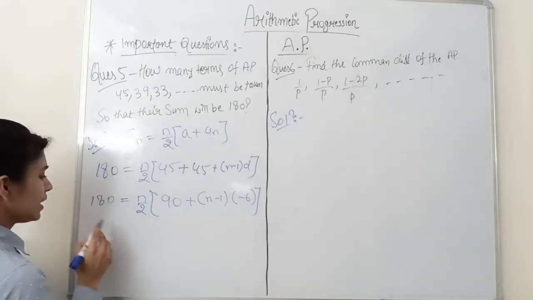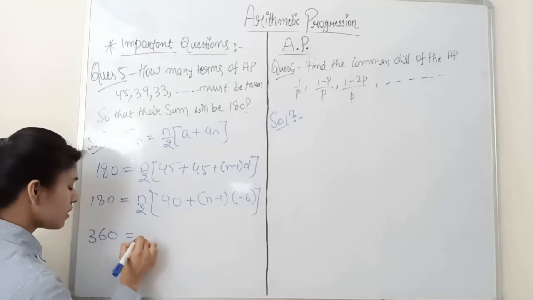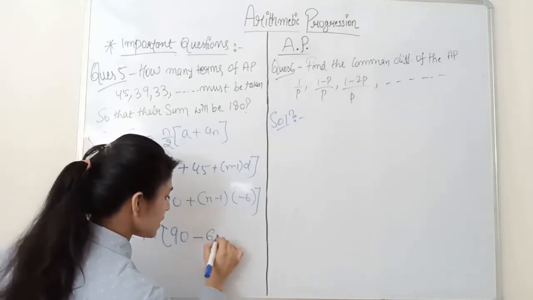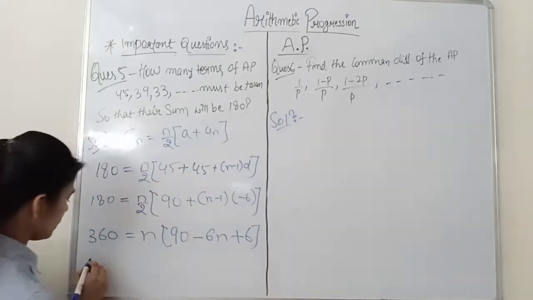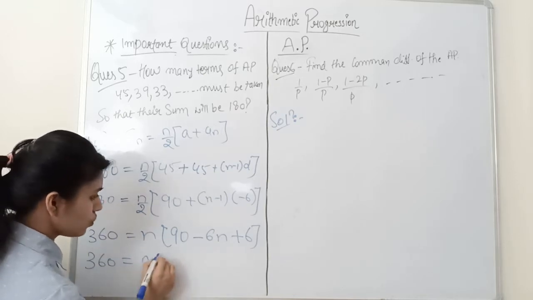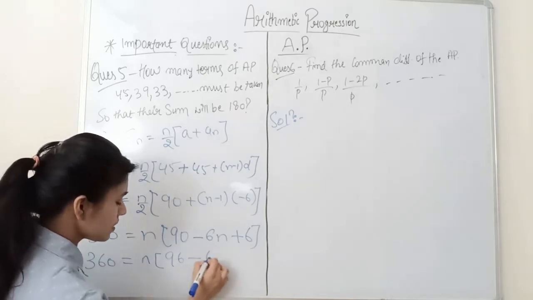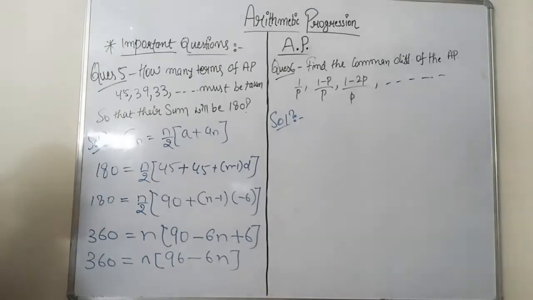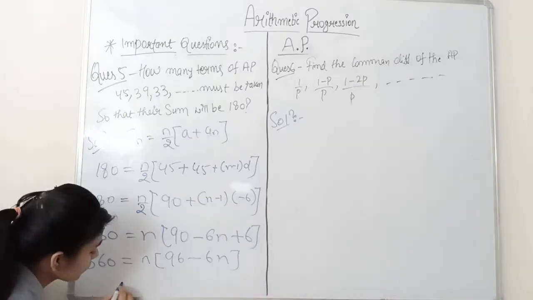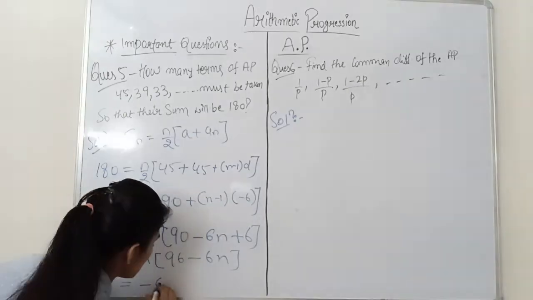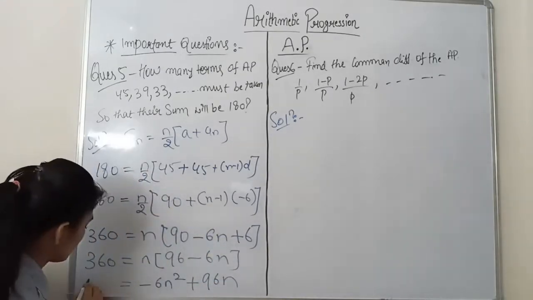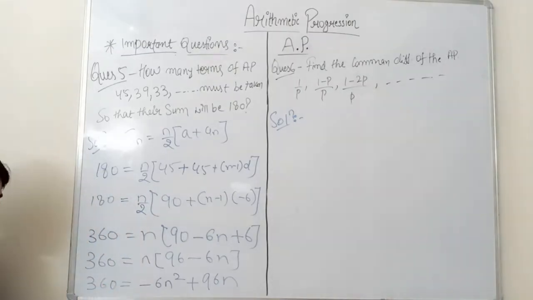So 180 into 2 is 360. N into 90 minus 6n plus 6. 360 is equal to n into 96 minus 6n. What is our equation? It will be minus 6n square plus 96n equals 360.